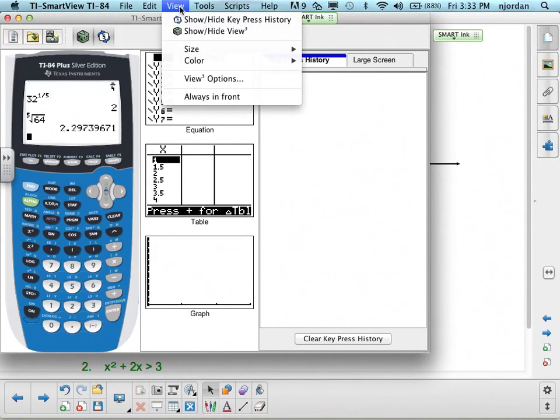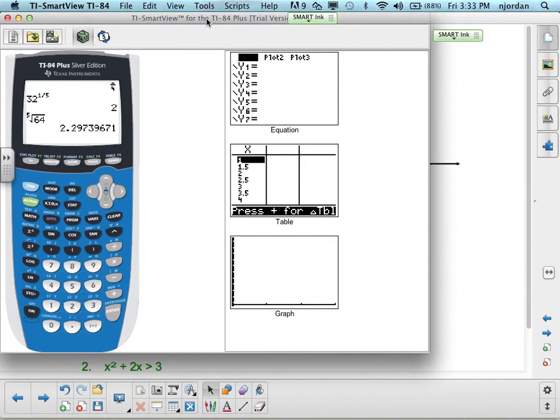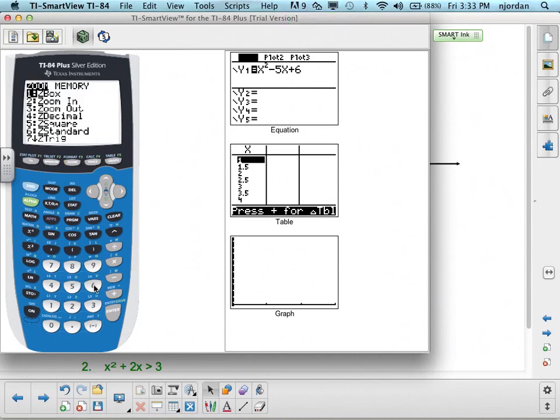Okay, so if we just go ahead and plug in the quadratic, which was x squared minus 5x plus 6, and then graph that, you can see, this is not the greatest example.